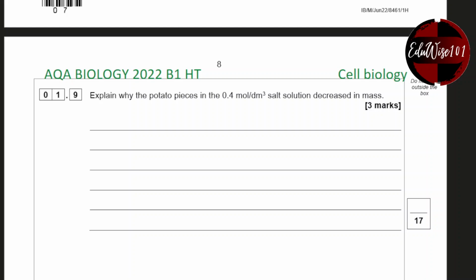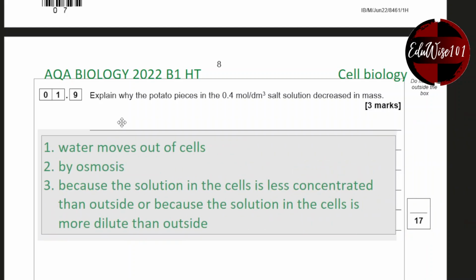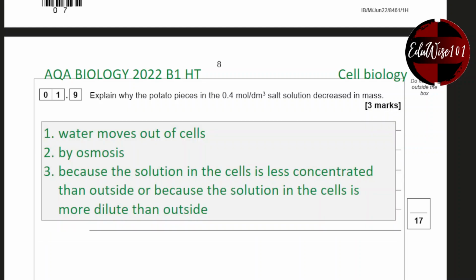If it's losing water, that means it's in a hypertonic solution, meaning that the salt solution is more concentrated outside the cell than inside. So water moves out of the cell by osmosis. So our answer for 3 marks is going to be: water moves out of the cell by osmosis.